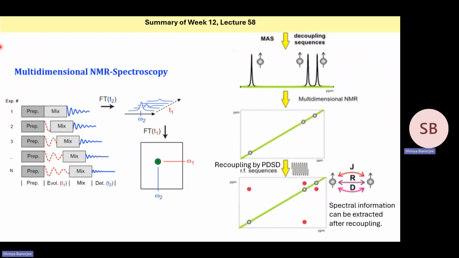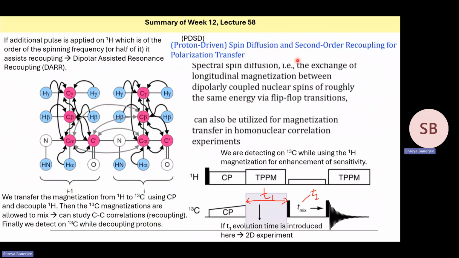One thing, in the PDSD we studied, if an additional pulse is applied to 1H, which is of the order of the spinning frequency or half of the spinning frequency, then it can further assist with the recoupling. And this is called dipolar assisted resonance recoupling, or DARR.